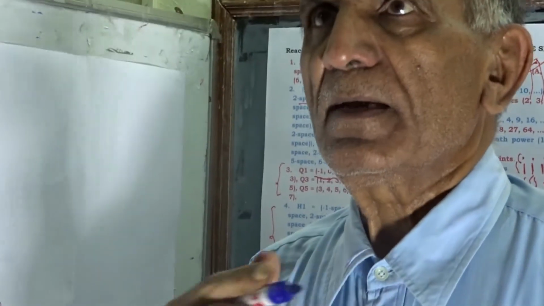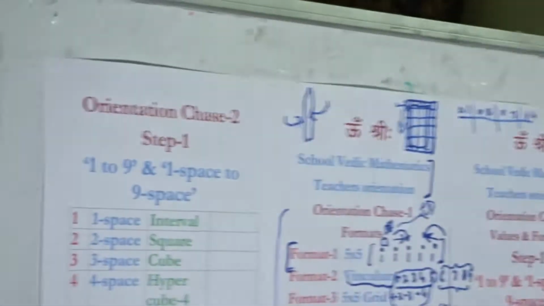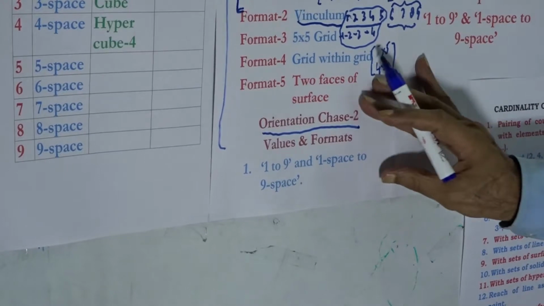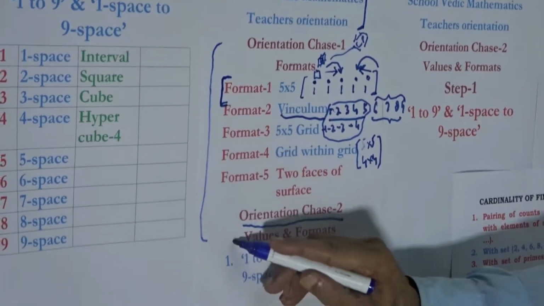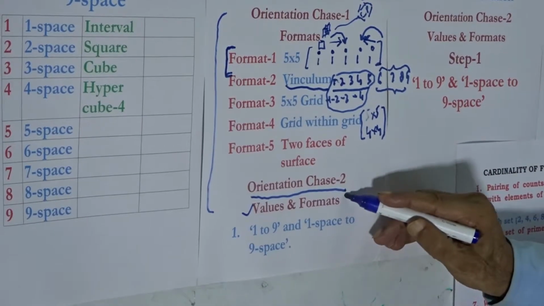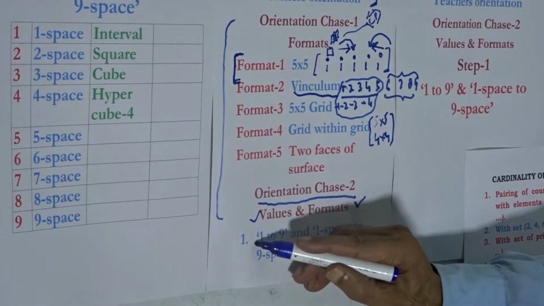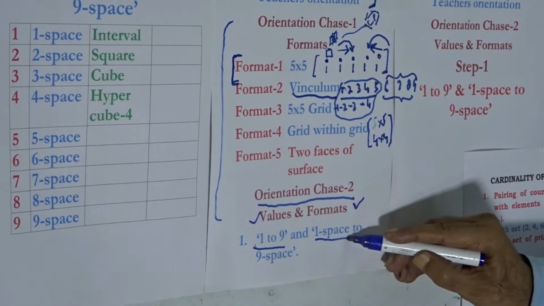Today we are at the second orientation chase steps, and the first is that we are now reaching from formats to values and formats. These values and formats would mean that we are shifting from numbers 1 to 9 to 1 space to 9 space.